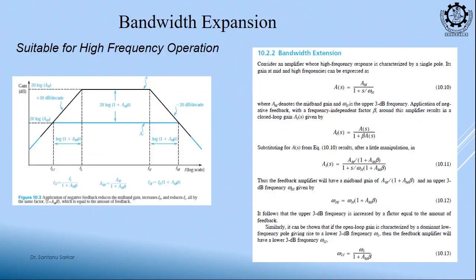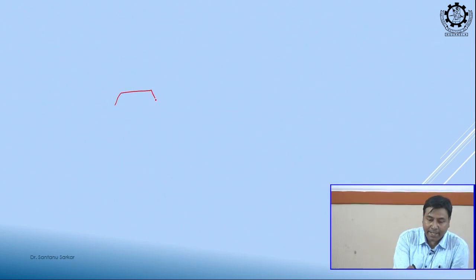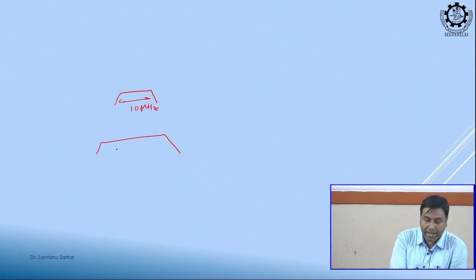Clear? Let us continue. Now, we are seeing that this feedback also helps us to increase the bandwidth. So, what is the meaning? Suppose I have an amplifier that I can use for say 10 megahertz in open loop. The same amplifier, if I use in closed loop, maybe it can be increased up to 100 megahertz.